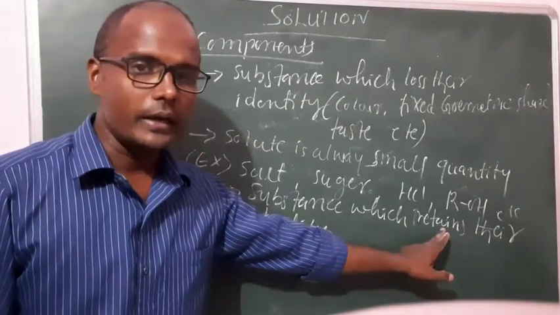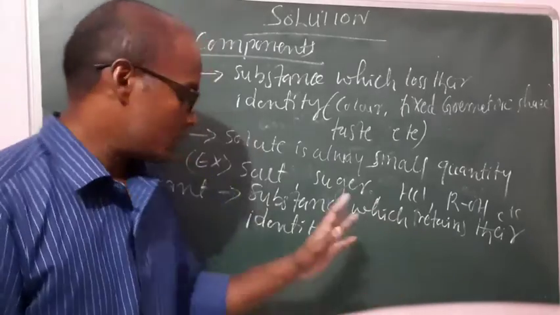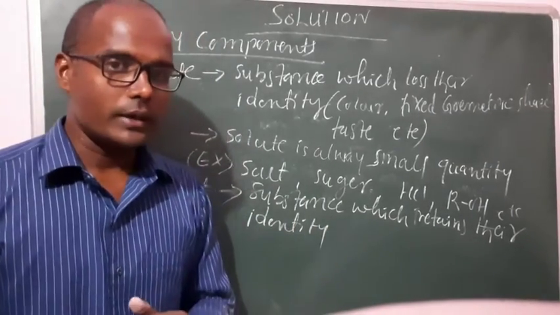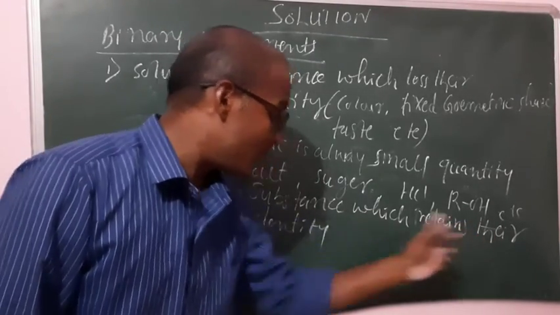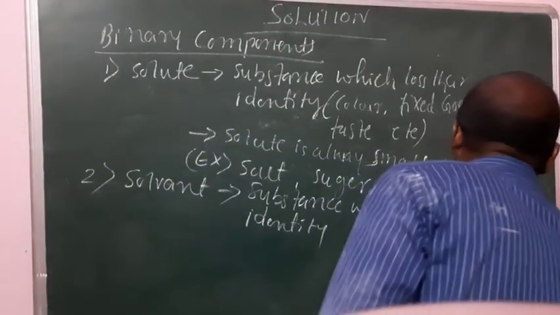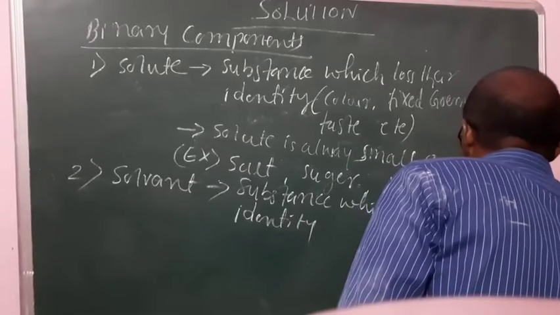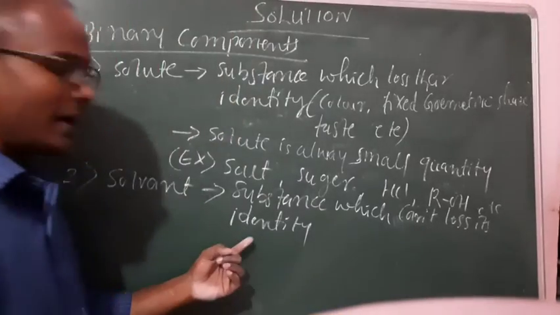What is the meaning of retain? Retain means, students, the substance cannot lose its identity. That is what we call a solvent. So in place of retain you can write here: cannot lose its identity.